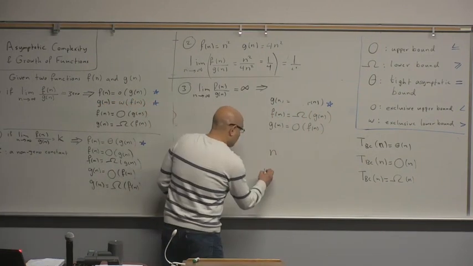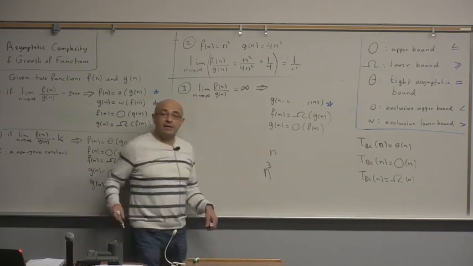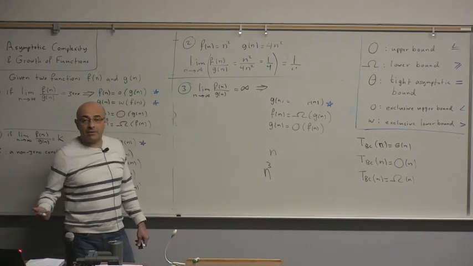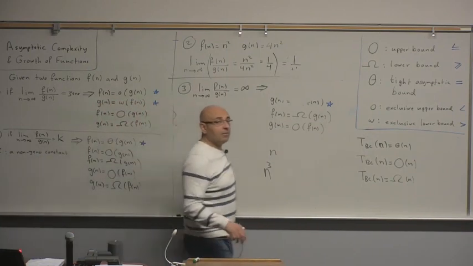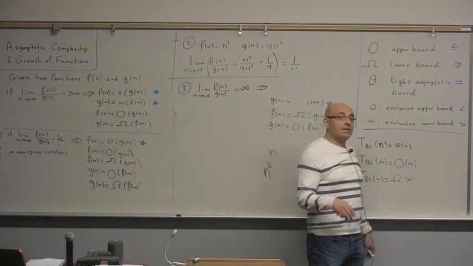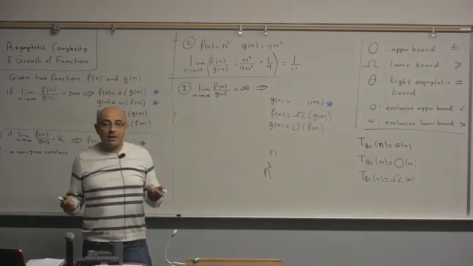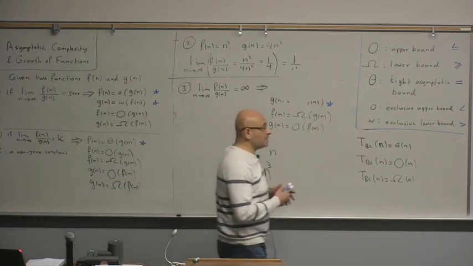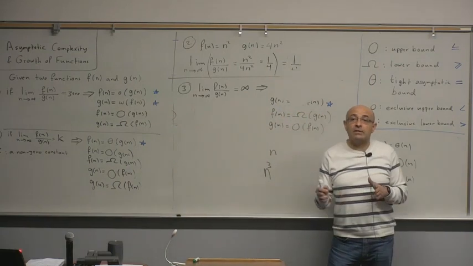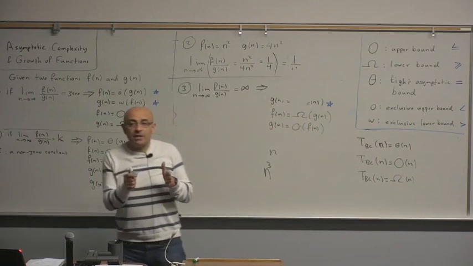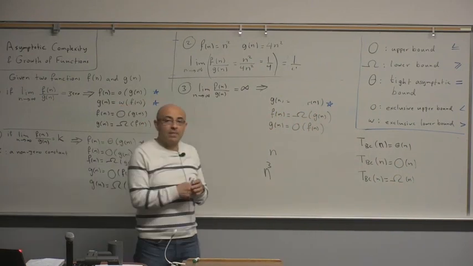And if n squared or n cubed is an upper bound, anything that is greater than n cubed is going to be an upper bound. So there is an infinite number of possible upper bounds and lower bounds for any algorithm. And remember, among these bounds, we are always interested in the tightest ones, as tight as possible.